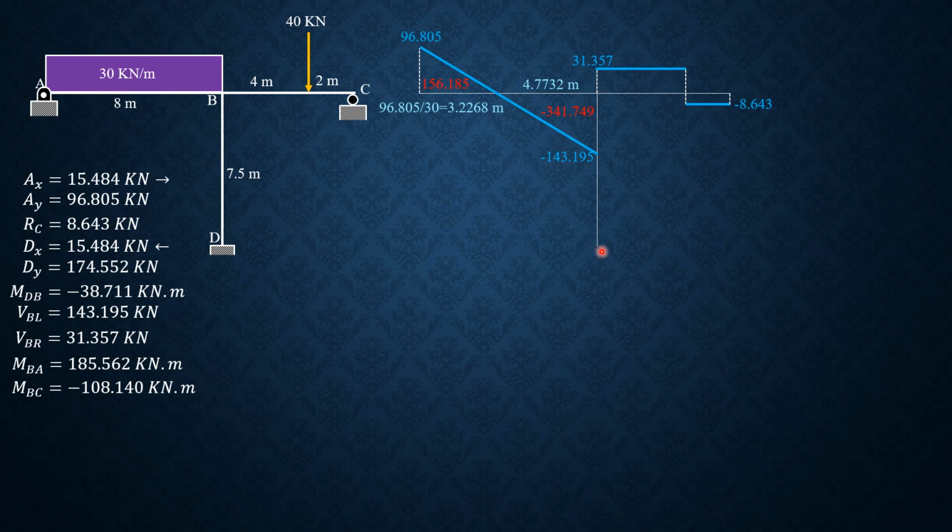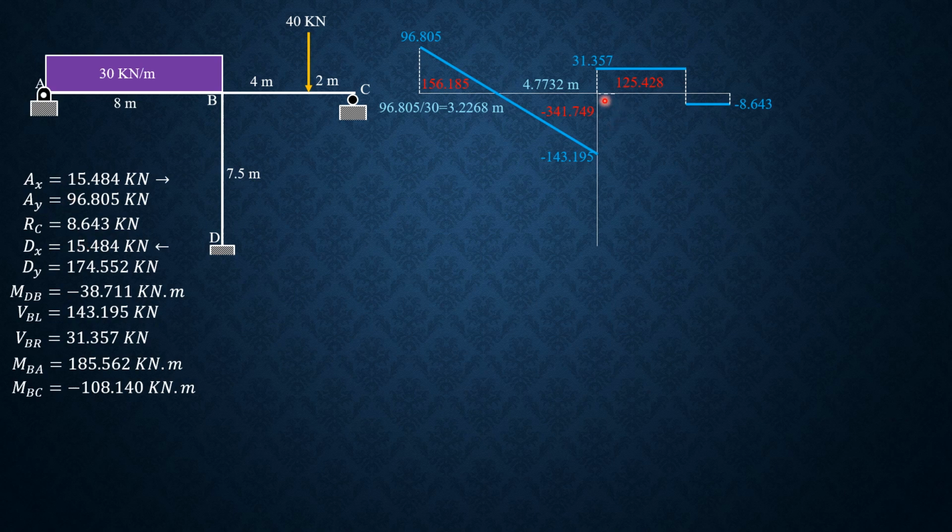Then for this diagram, dx is leftward, ax is rightward. So if this is the top fiber on this side here, then that's the area. By the way, you don't need to put that area because it is just a rectangle.